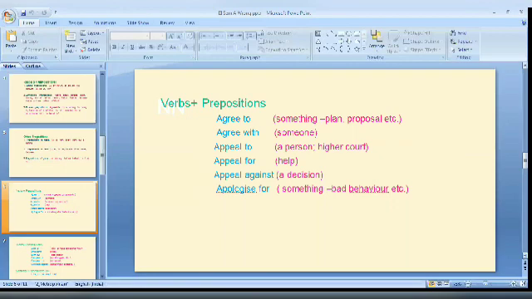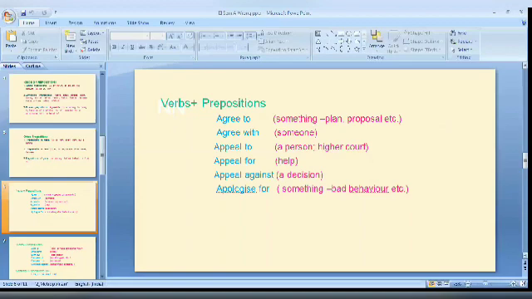The preposition to goes with agree, meaning agree to something, some plan, some proposal, etc. We can use it like this: I agree to your proposal. So there, the preposition to goes along with the verb agree.